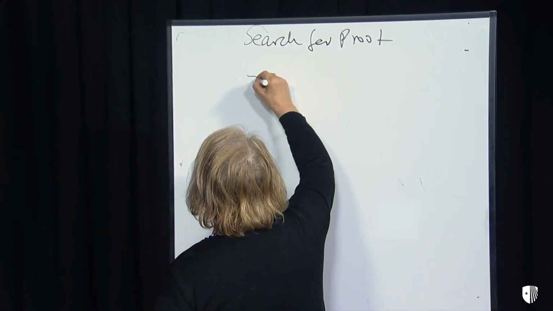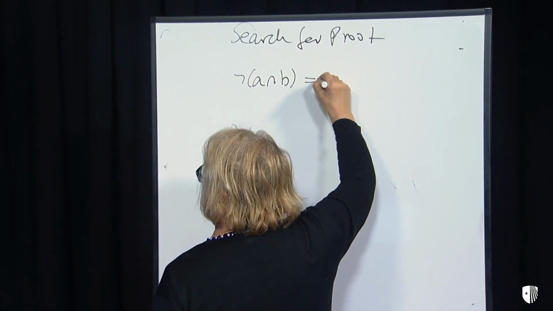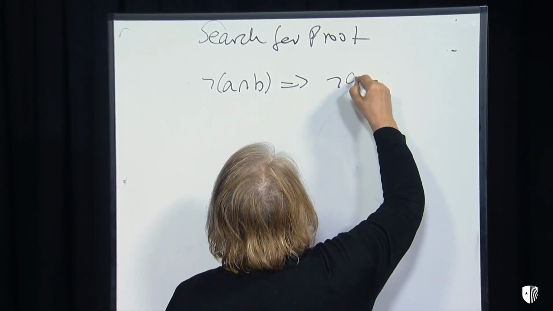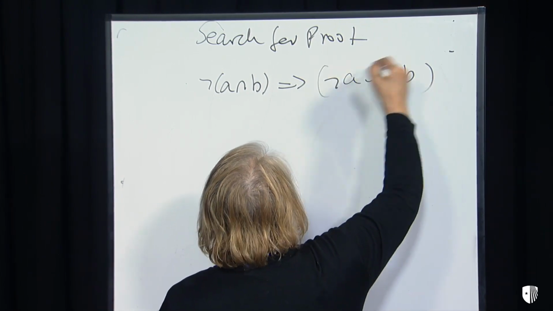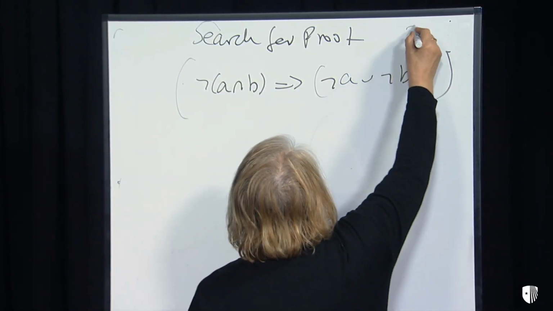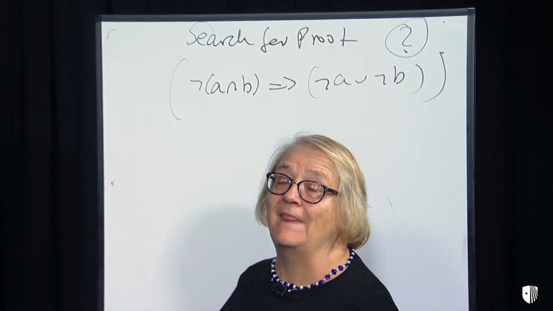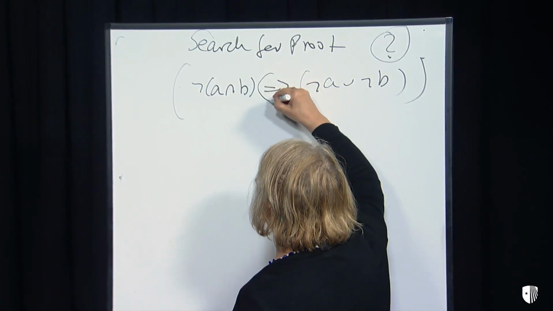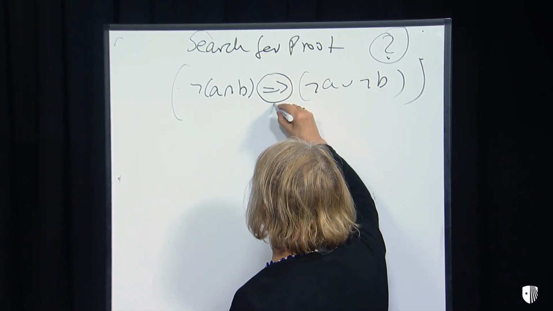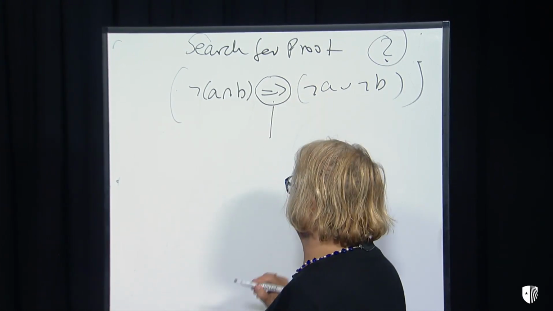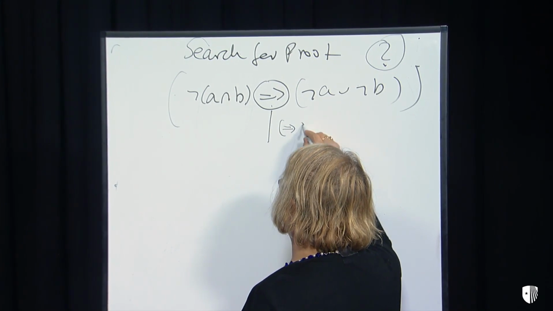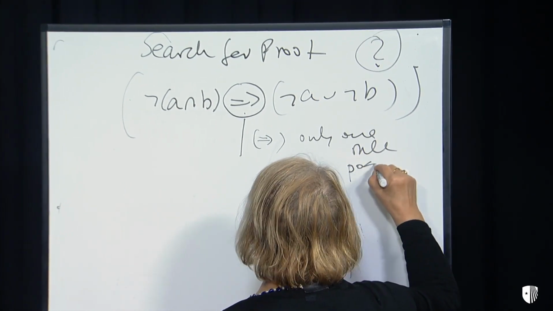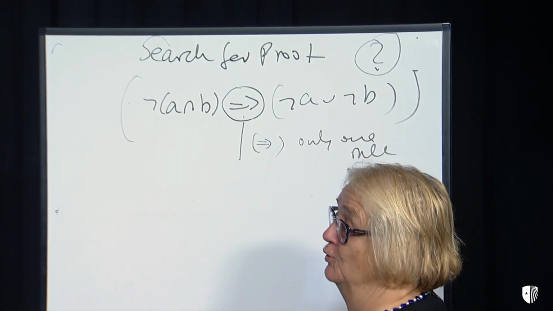For example, I have not (A and B) implies not A or not B, the Morgan law. Can I prove that in our proof system? Let's search. Here the main connective is implication, so I have only one possible rule, which would give us that conclusion.